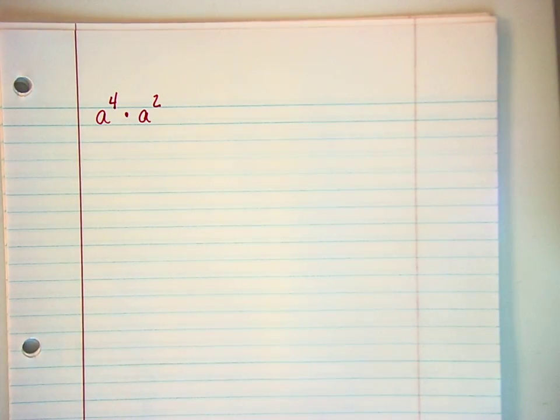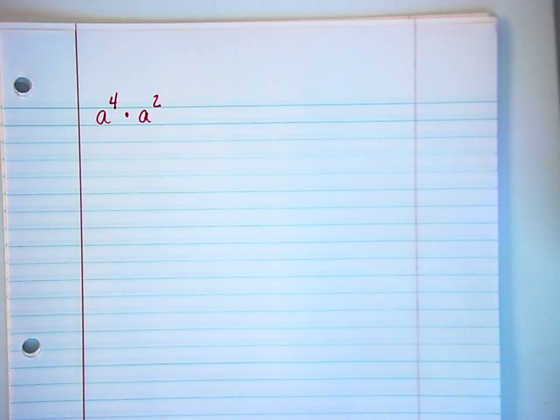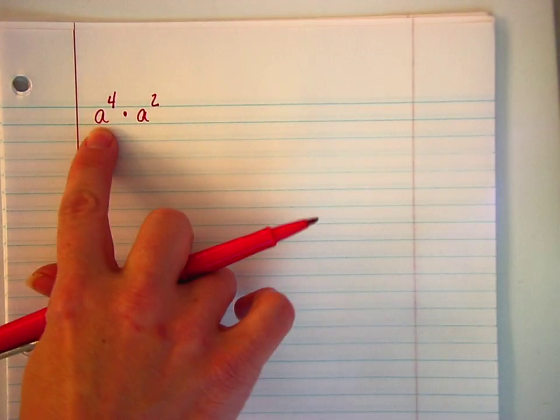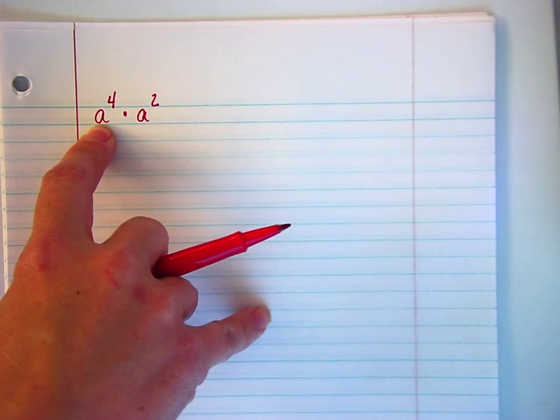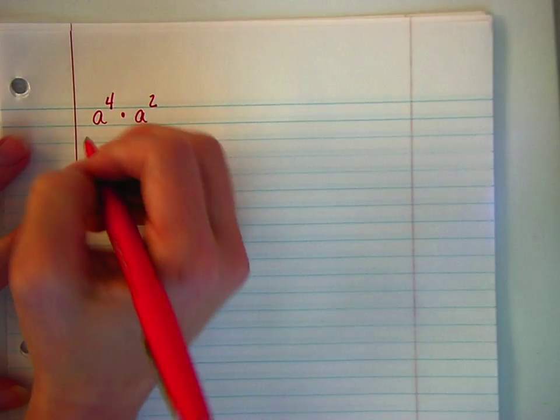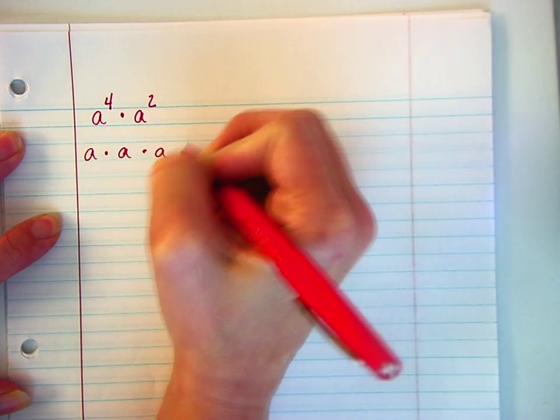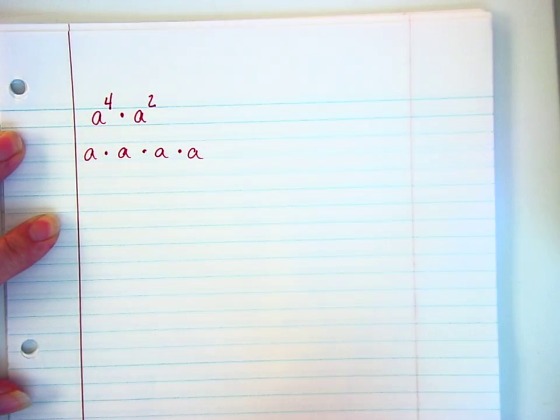Okay, good, but before we get to that point, I want you to break it down. I want to totally step this down to all of the basic little parts. So what does a to the power of 4 really mean? Multiplying a 4 times by itself. Okay, so that means I'm doing a times a times a times a. That's a to the power of 4.